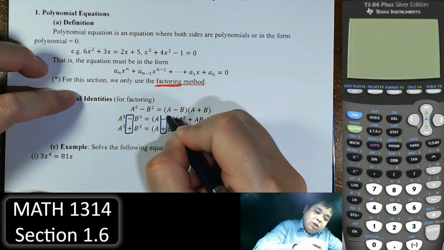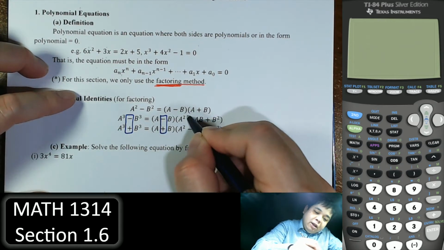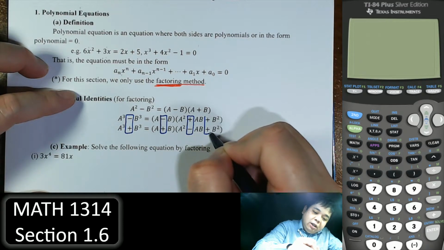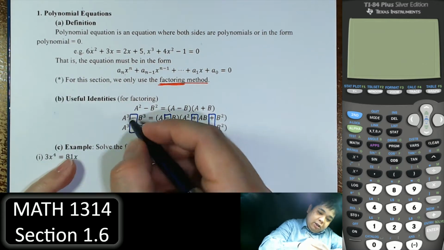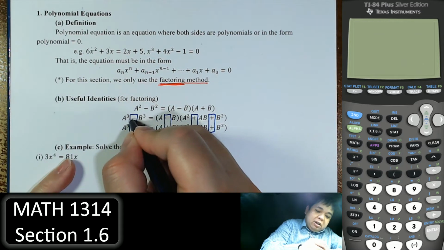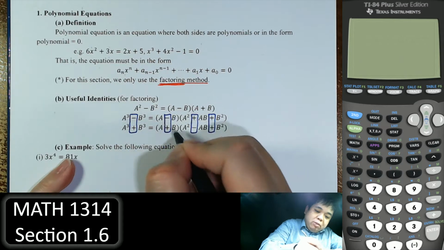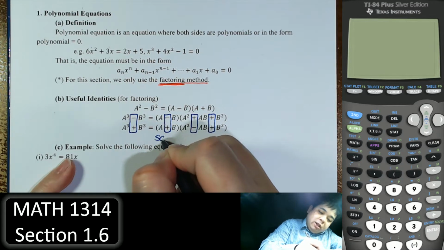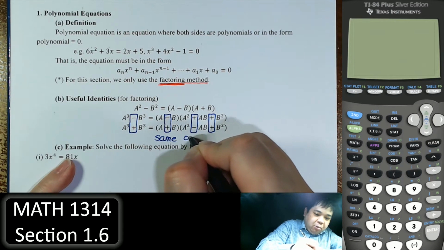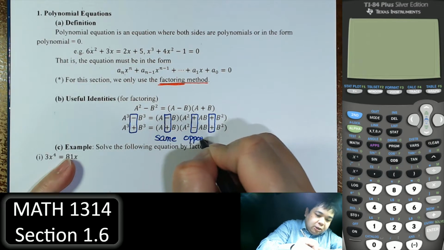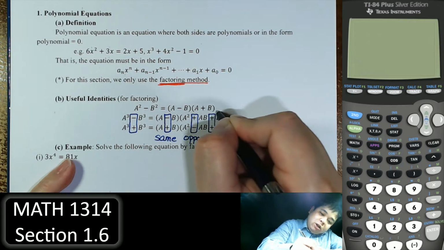The first one is going to be the same. The second one is going to be opposite. And the last one is going to be positive. So if it is a cubed minus b cubed, the first is the same, the second sign is opposite, and the last one is positive.